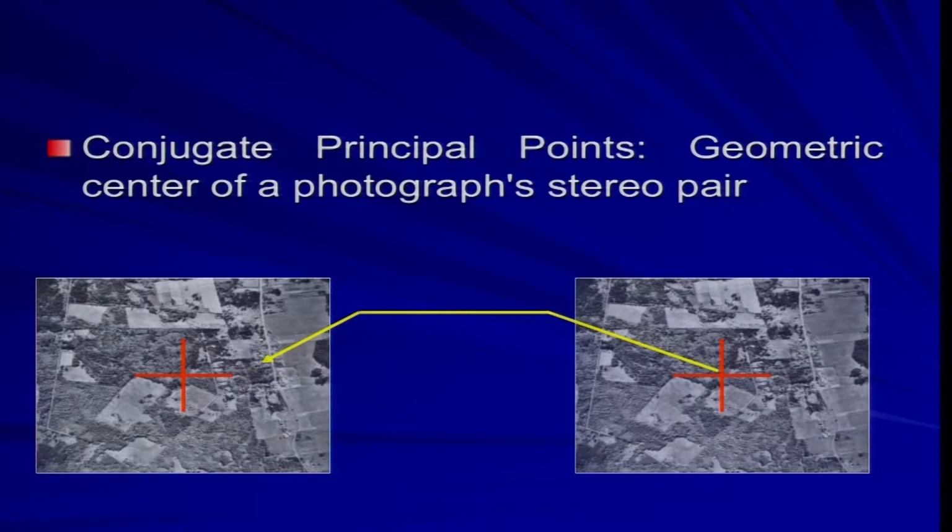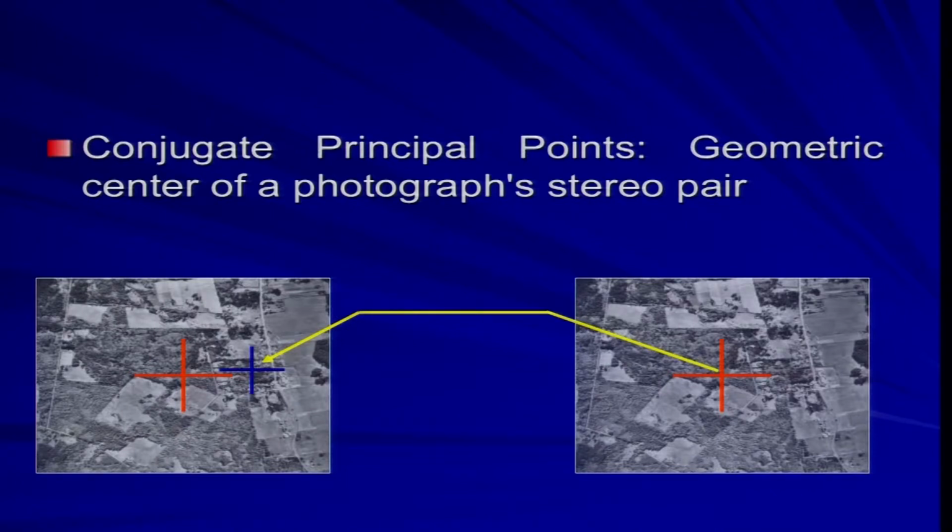But the principal point of this photograph is not exactly the same as this one, because if you look at the two areas here, for example, if you take this object here, it is pointing here, but at this point it is slightly different. Maybe that may be one criterion which we can take.